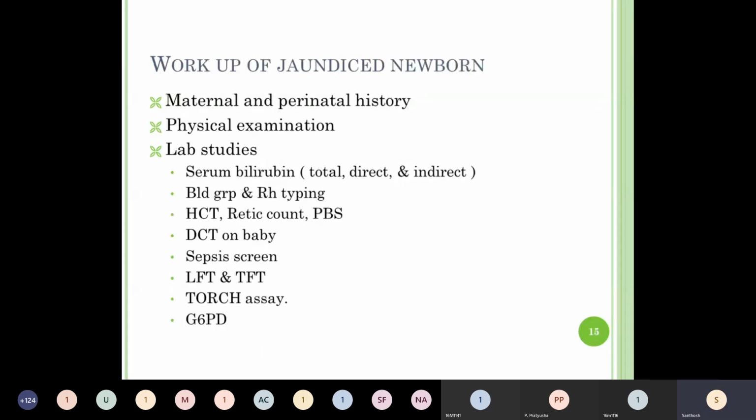So what workup will you do in these infants? You take the detailed maternal and perinatal history, and then you do the direct Coombs test.